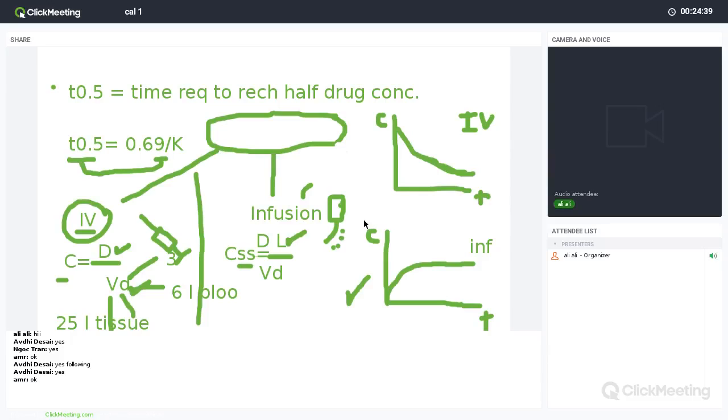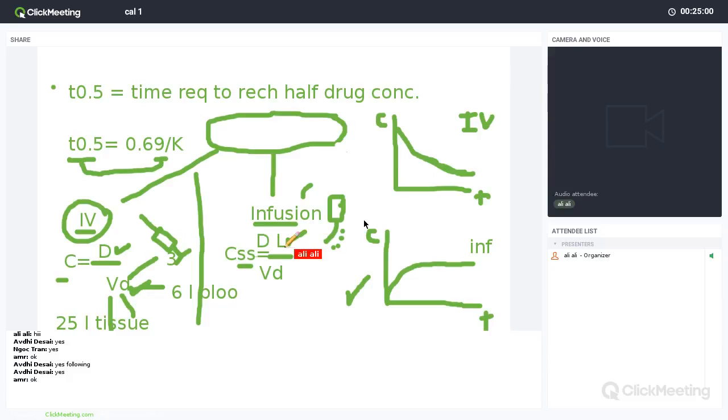We do this type of dose administration to get a steady state constant drug concentration in the blood for a long period of time. This is the main goal of the intravenous infusion.